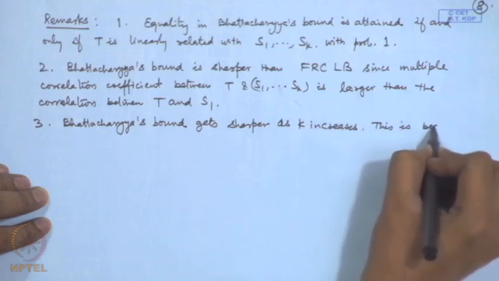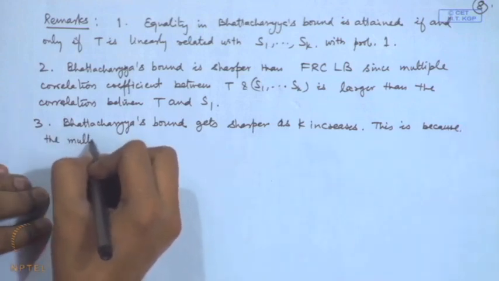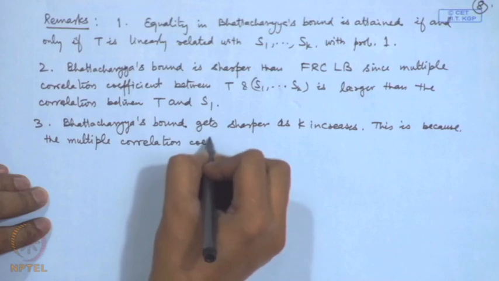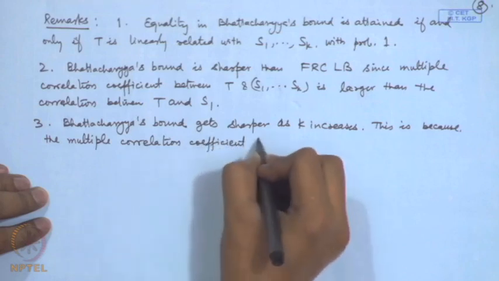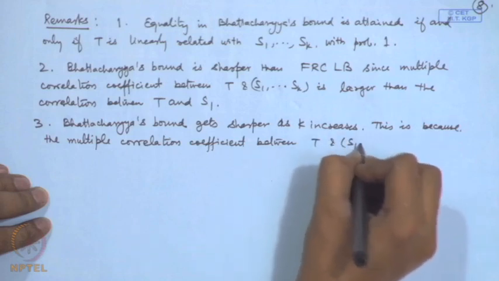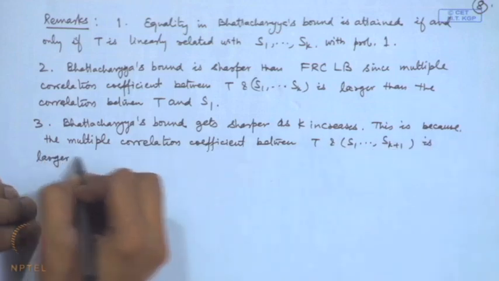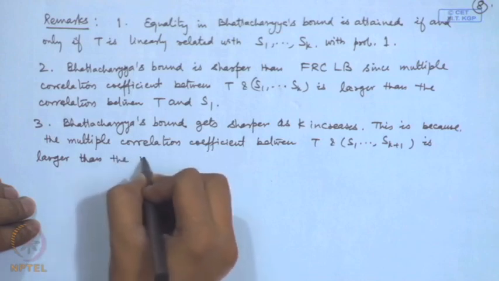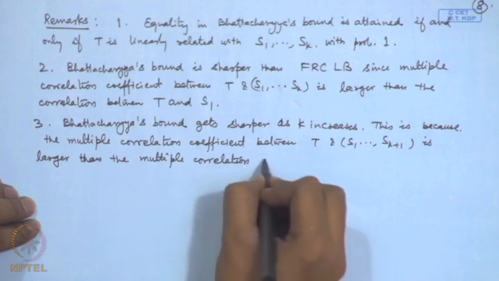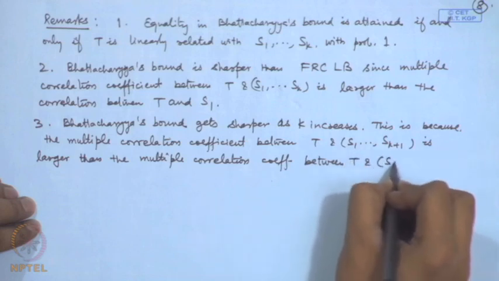This is because the multiple correlation coefficient between T and S1, S2, ..., Sk+1 is larger than the multiple correlation coefficient between T and S1, S2, ..., Sk.